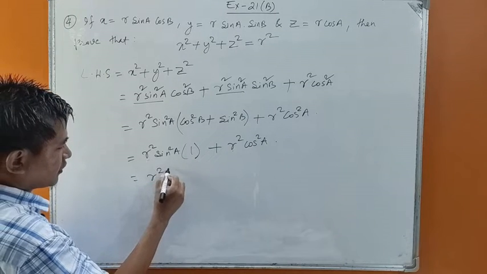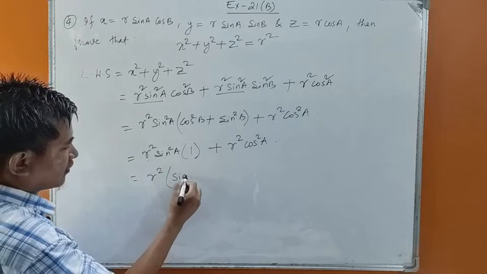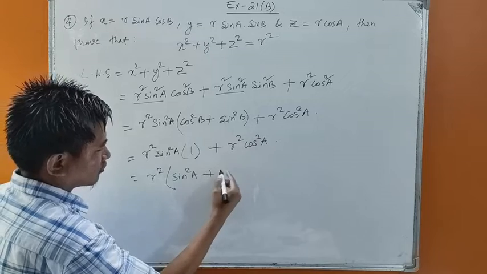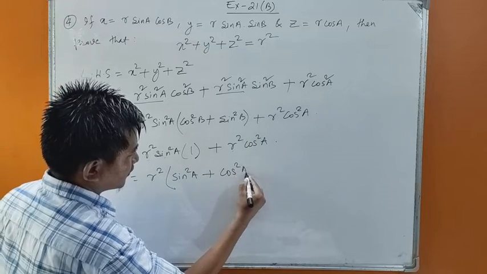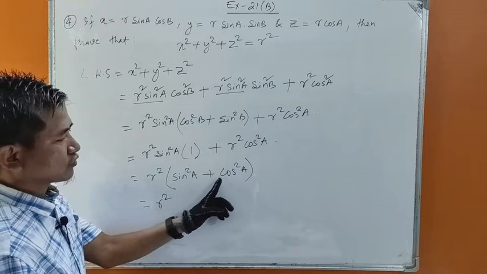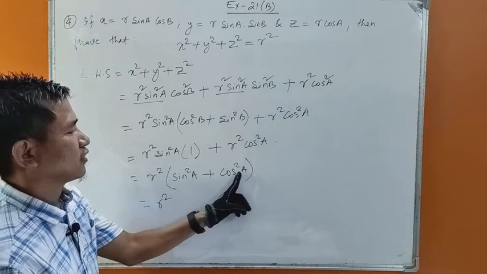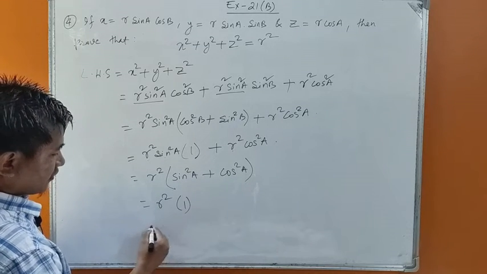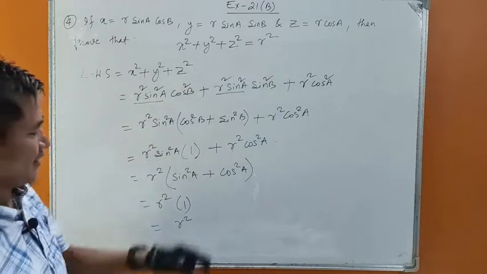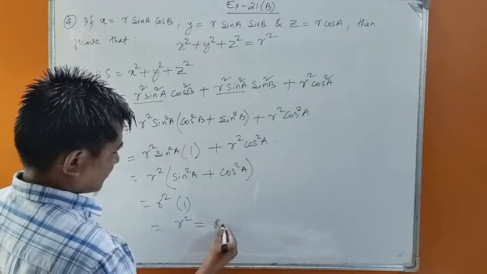Within the bracket remains sin square A into 1 is sin square A plus cos square A. Here also we have sin square A plus cos square A, angle is same, A A. So sin square A plus cos square A means 1. So r square into 1 is r square. This is what we have in the right hand side, so hence proved. This is RHS.